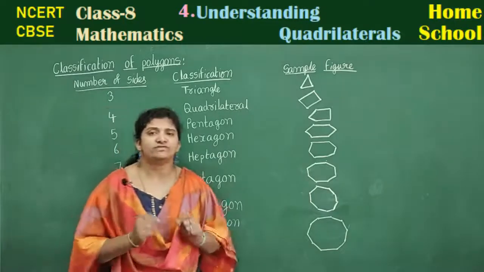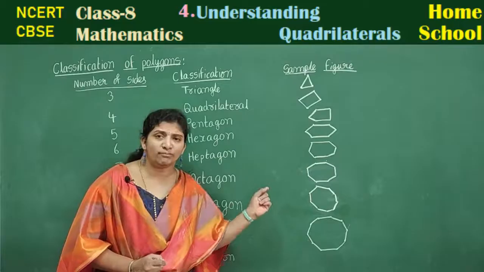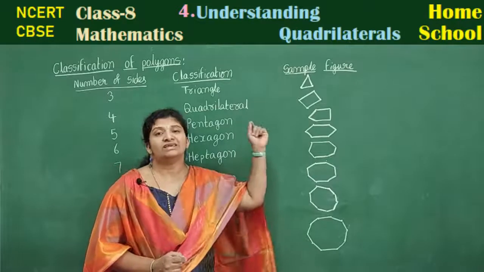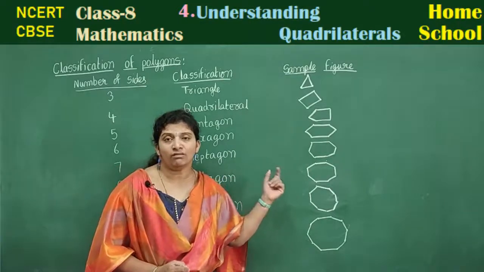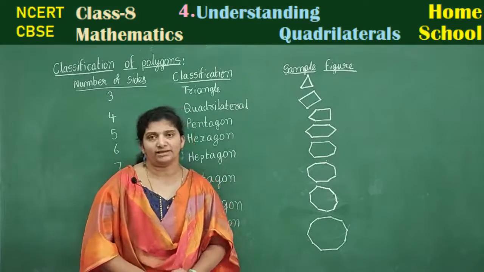See, according to the number of sides, we get the name of the polygon. This is the way we classify polygons.